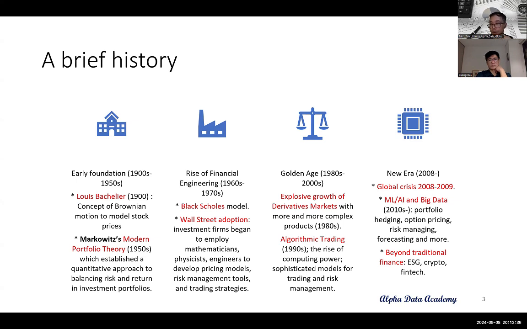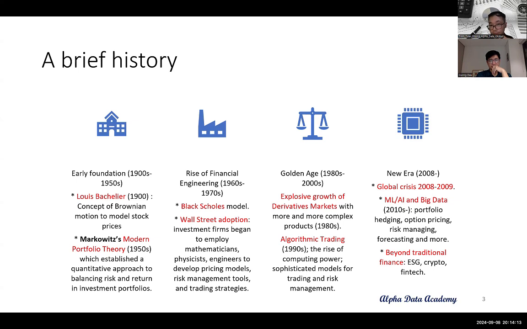And I think it's quite logical and simple to understand that people in the finance world came up with more and more complex products, and they needed some people to understand and to build very complex mathematical models to solve the problems in the finance world, to price and to manage the risk of complex products.